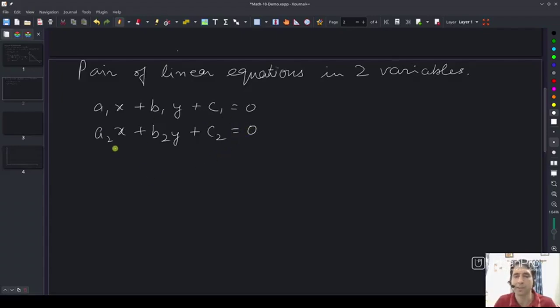So there are two equations, and these two equations are called a pair of linear equations in two variables.